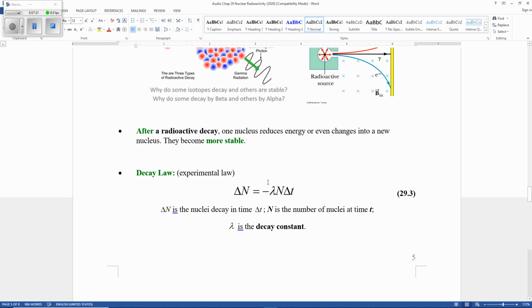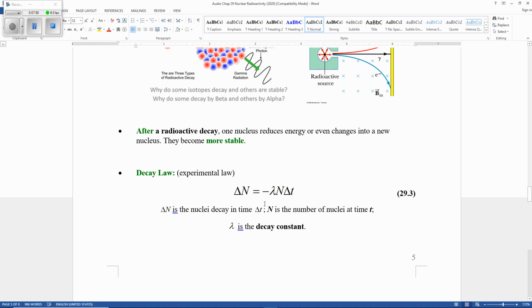So this is called the decay law. The change of number always decreases, so that's why I have a negative sign here. How many particles decay equals the decay constant times the total number, then times delta t. How long for decay? You take a sample, like every 30 seconds or every 2 minutes. That's delta t. Longer time, of course, more nuclei decayed.